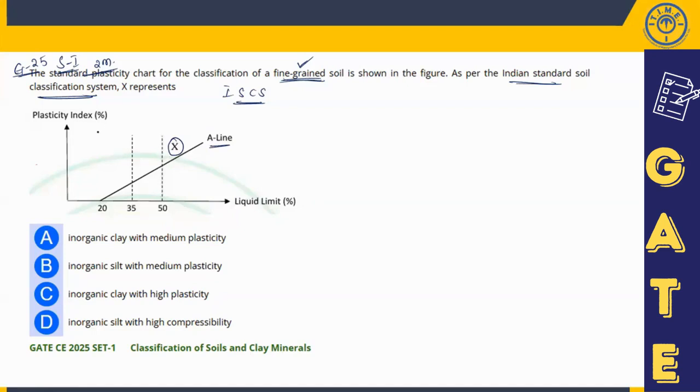In the A line graph, the graph is plotted between plasticity index and liquid limit. So what is the equation of A line? I'm explaining it.